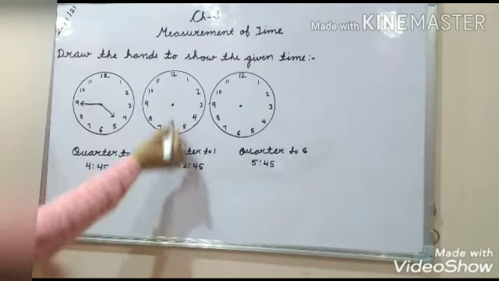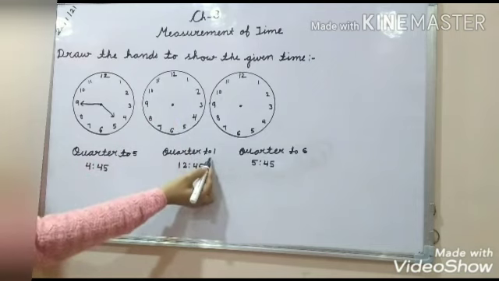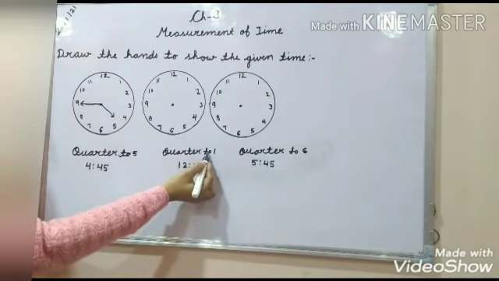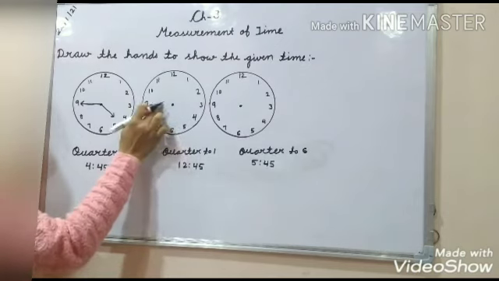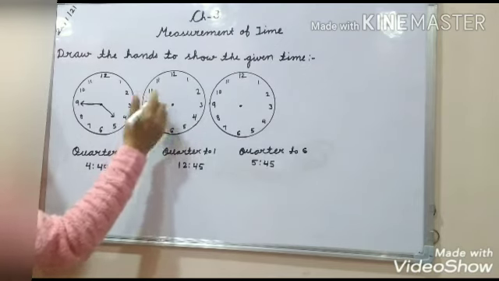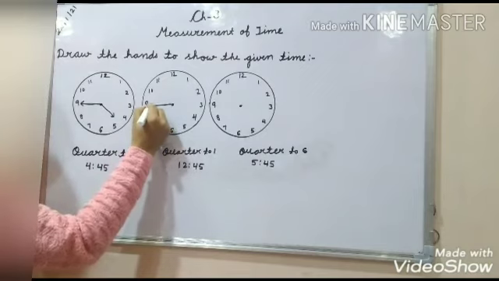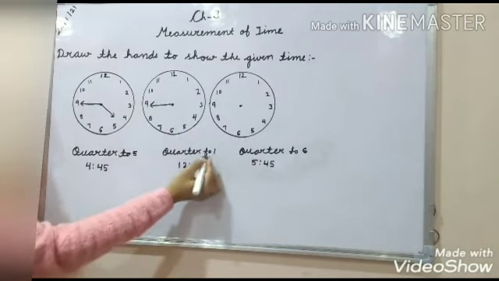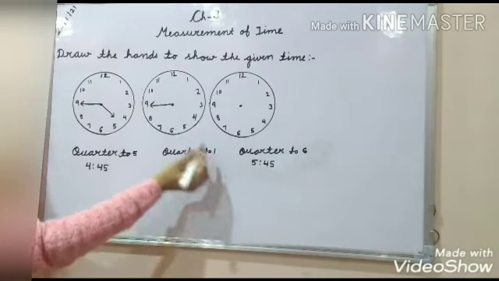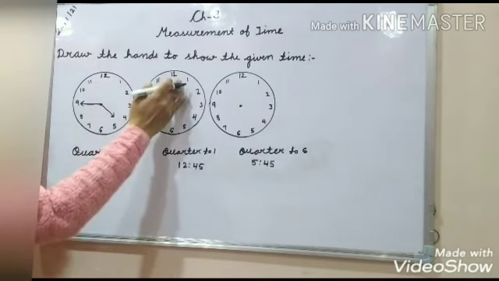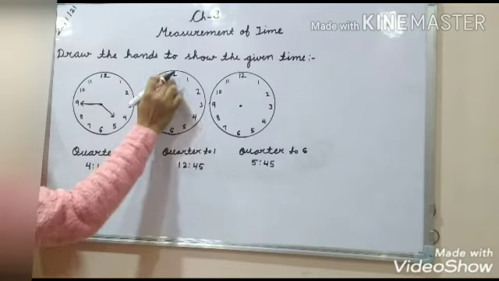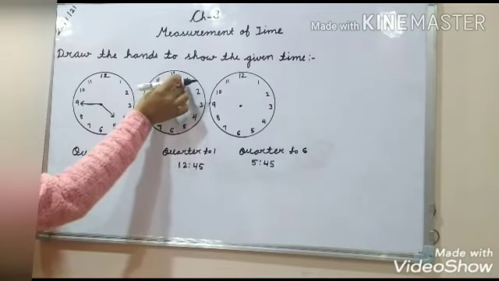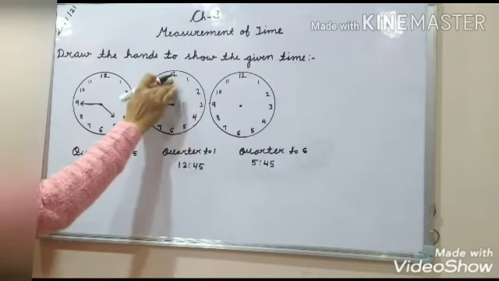Okay. Let's understand in this clock, quarter to 1. Okay. So the word quarter to has come. That means first you have to draw the longer hand at 9. Okay. Minute hand or longer hand will be at 9. And quarter to 1 means you have to make the shorter hand nearer to 1. Okay. Between 12 and 1, we have to choose the number that is earlier to 1.